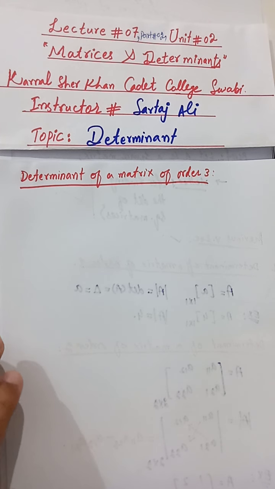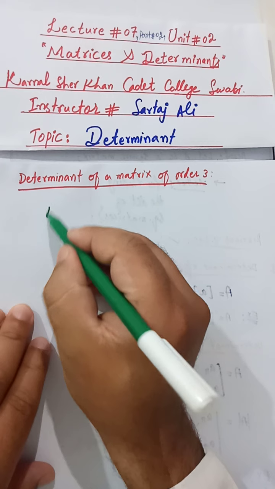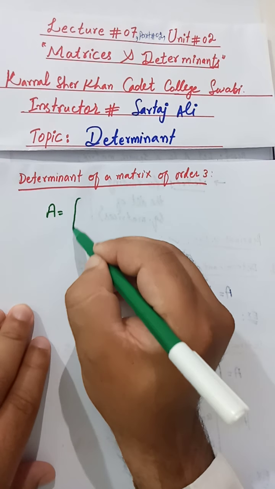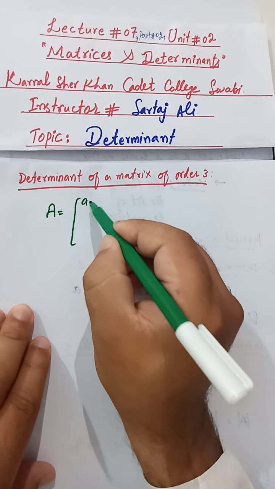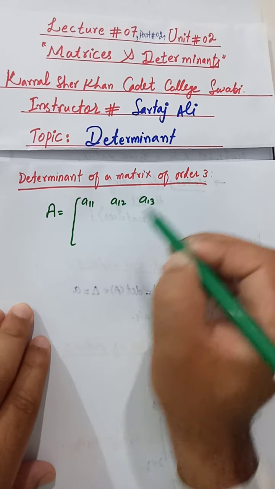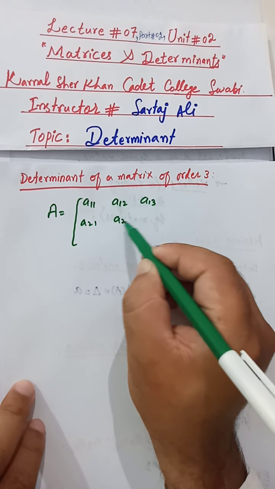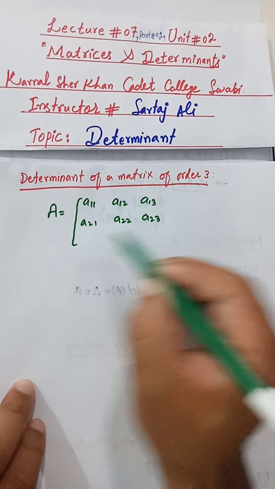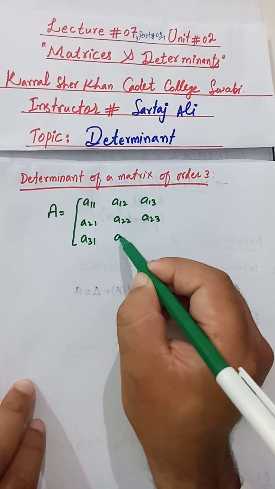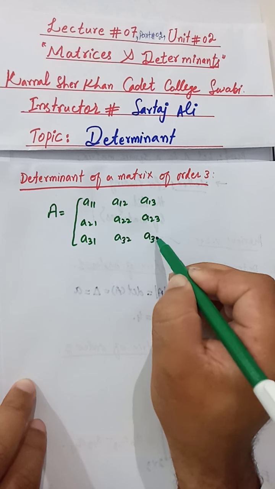So consider a square matrix of order 3 in general form: A11, A12, A13, A21, A22. I already explained that the subscript shows the position of the element in the matrix.